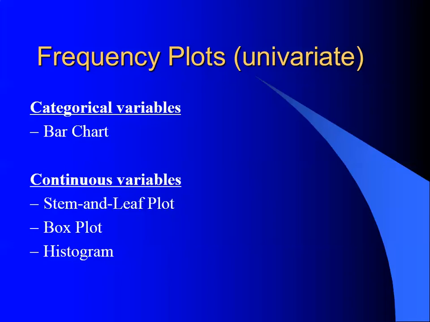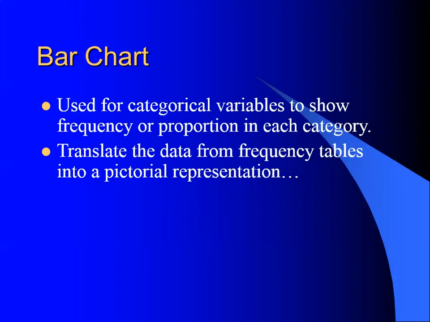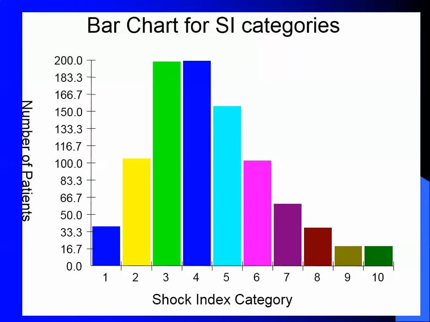Here are statistical charts which put emphasis on statistical characteristics. The bar chart should be obvious. We have a bar chart for shock index category, so we have the number of patients who got this shock index. No matter whether in a hospital, a city or a country, it doesn't matter where it is.